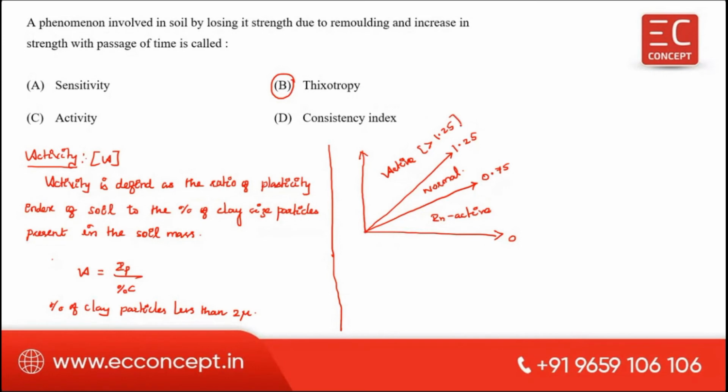Normal soil means the activity is between 0.75 and 1.25. They ask the question on this data. If the activity is less than 0.75, we can say inactive. 0.75 to 1.25 we can say normal. Greater than 1.25 we can say active. So this is about activity.